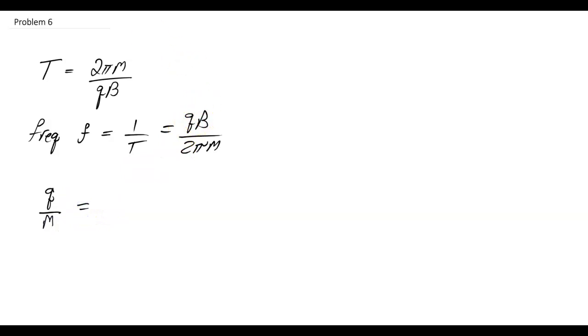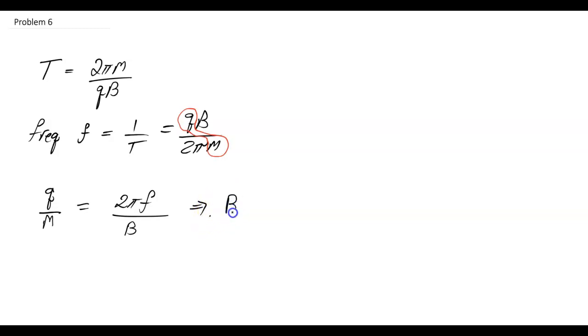so if I isolate q over m, then I get q over m equals 2 pi times the frequency divided by B, which means that I can get the reason why we do the mass over charge ratio is because that is a technique used for cyclotrons and accelerating devices a lot.